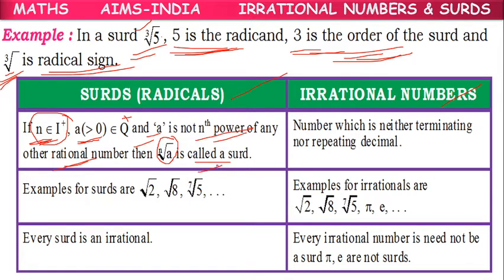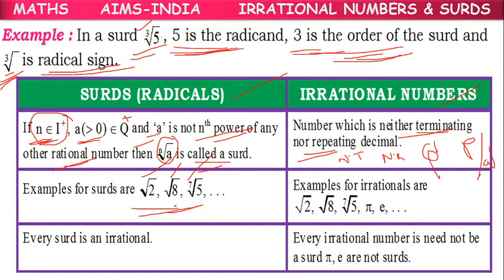Irrational numbers are those which are neither terminating nor repeating, that is, non-terminating, non-repeating decimals. Or those which are not rational, or which cannot be written in the form p by q. So their definitions are different. Next, examples of surds: root 2, root 8, 7th root of 5.